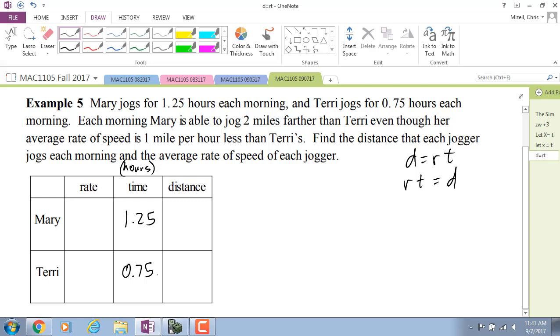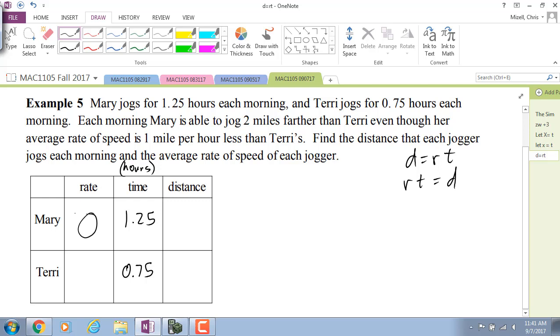Now there's a relationship between the rates and a relationship between the distances. And we could let our variable, the variable that's going to show up in our equation, be somebody's rate, or we could let it be somebody's distance. I'm going to recommend that we let it be somebody's rate. Because if we let it be somebody's distance, if we say let D equal Mary's distance, then to set up our equation, we're going to have an expression here.